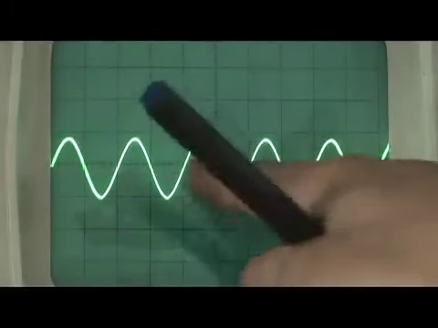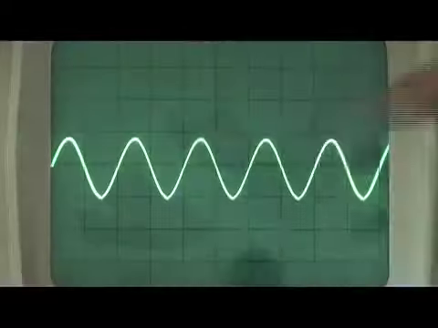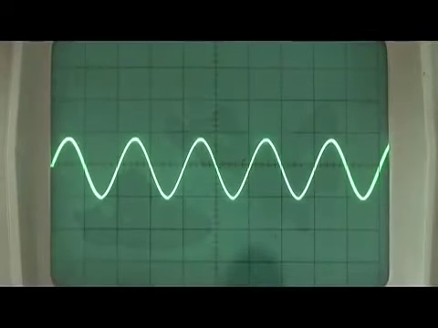What we got is the time period. And we all know the relation between frequency and time period: frequency is equal to 1 by time period. For the time period you can write down whatever you got, which is 2 into 0.5 milliseconds.